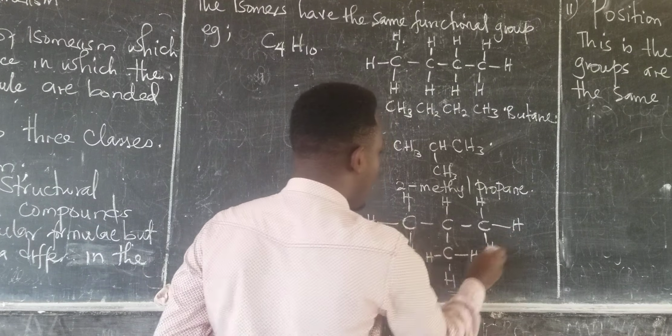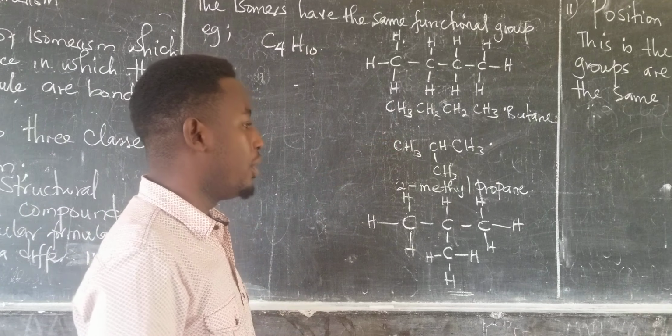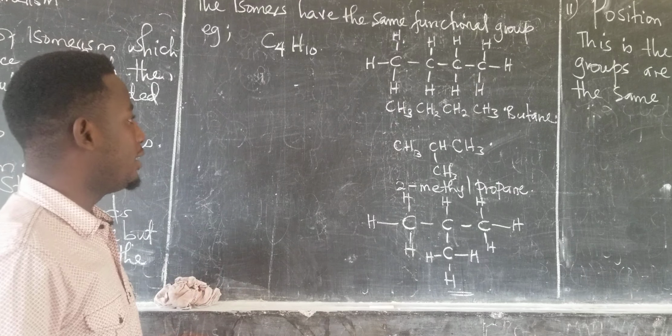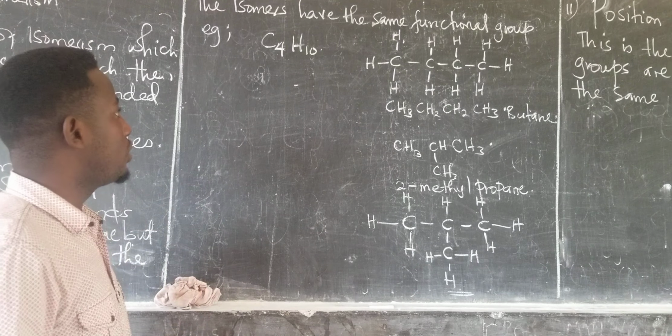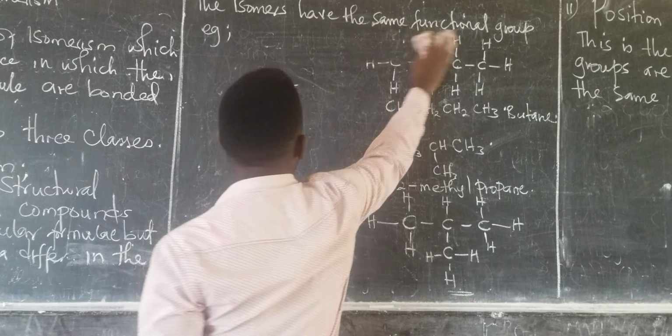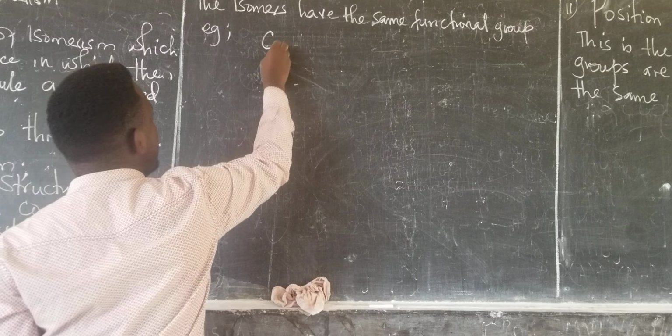So that is how I am able to come up with 2-methyl propane. I also want to illustrate this kind of chain isomerism using another example, if you will allow me. Okay, I'm going to use C5.